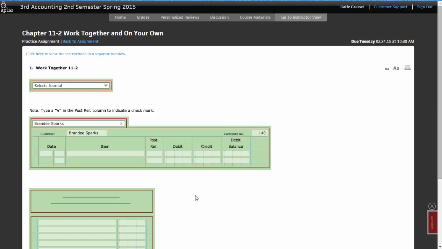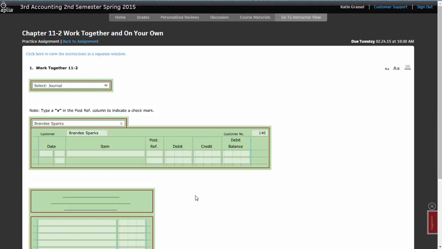Alphabetical by last name. Okay, don't look at Brandy Sparks thinking, oh, B, Brandy, she's going to be early on in the order, because you have to go by S, Sparks. If you do have a business name, typically business names are alphabetized by the first important word. You're not going to alphabetize by "the," but you would use the next word in it.